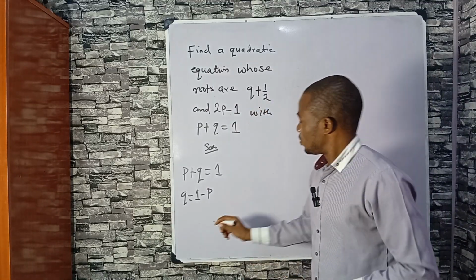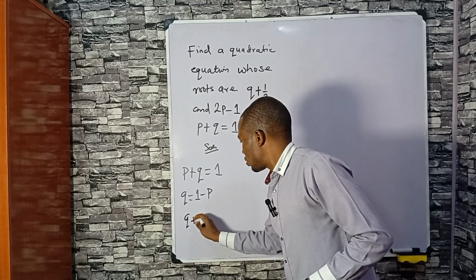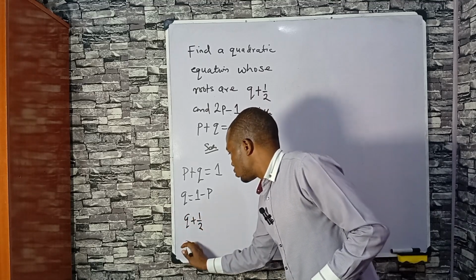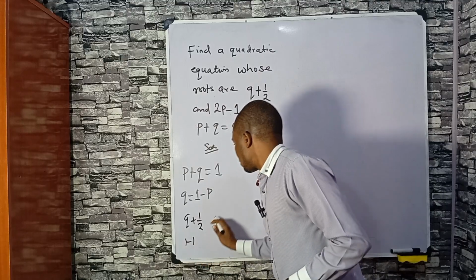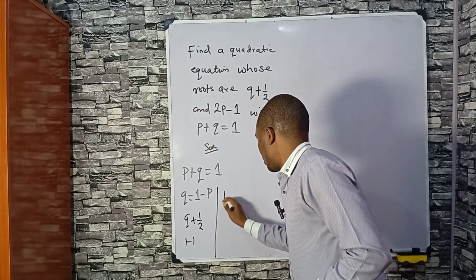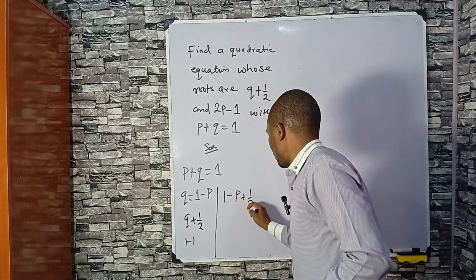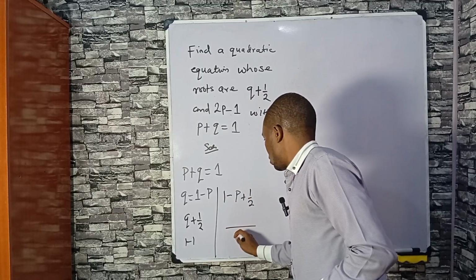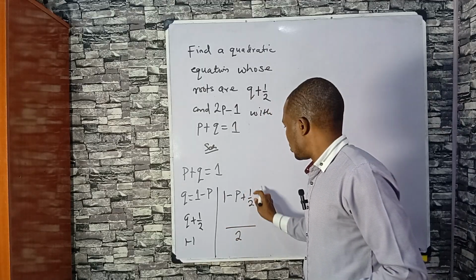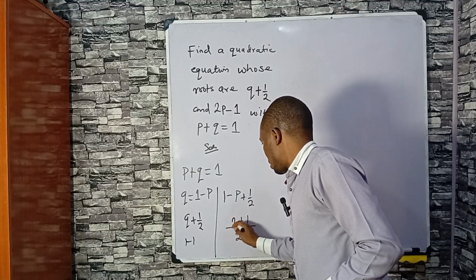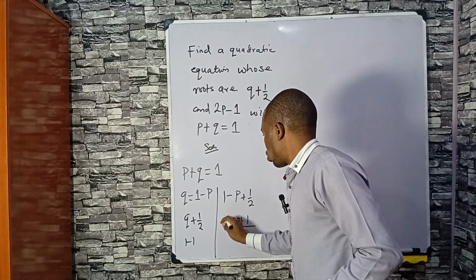We go back to this place. q plus a half. That means where we have q here, we put 1 minus p. Then plus a half. Our LCM is 2. 2 divided by 2 is 1, times this, that 1, plus this 2p minus 2.